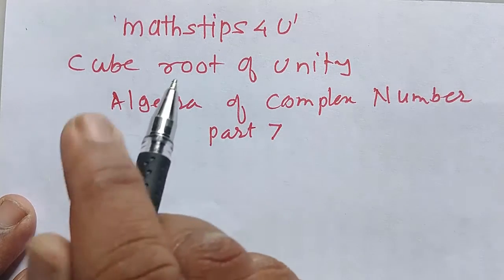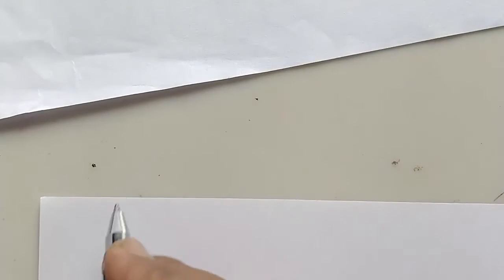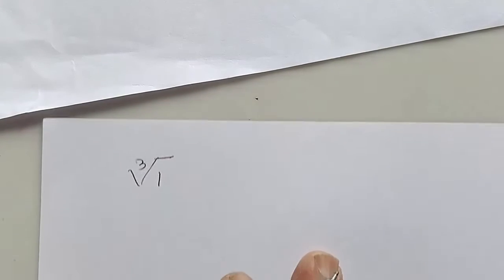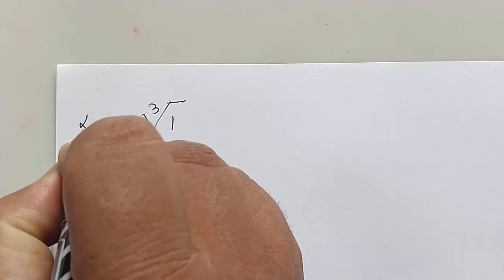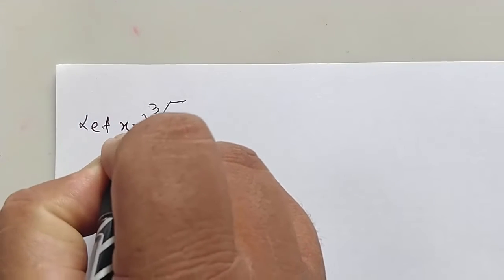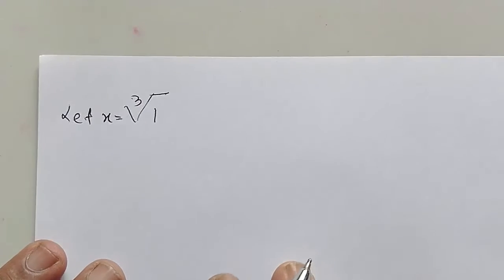So we shall discuss this. The cube root of unity means the cube root of 1. Let us denote it by x. x is equal to the cube root of 1.